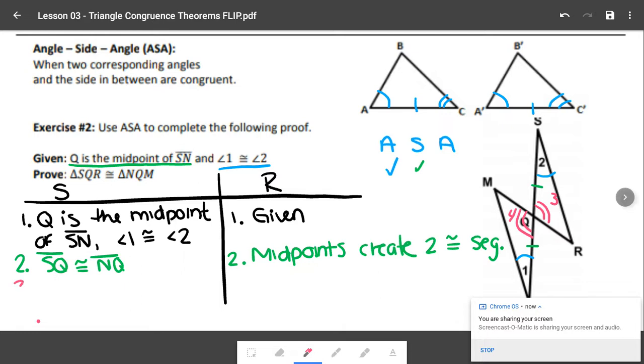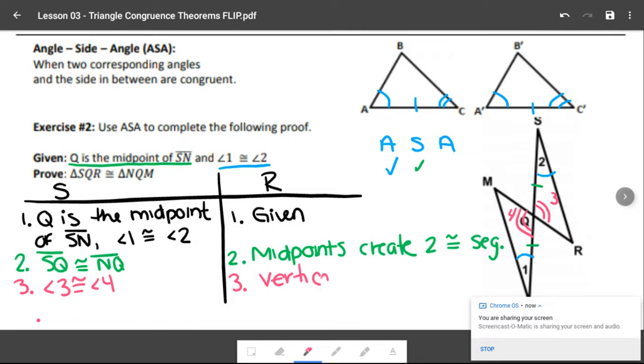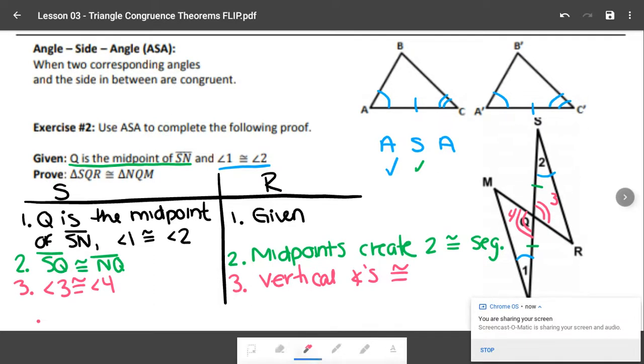As long as your triangle's labeled, we can say angle 3 is congruent to angle 4. The reason being is these are vertical angles. And vertical angles are always congruent. They're formed by intersecting lines. So it's not just this diagram. Anytime you have intersecting lines, they're congruent. So we're safe to just say that without worrying about justifying. And that was my third check.